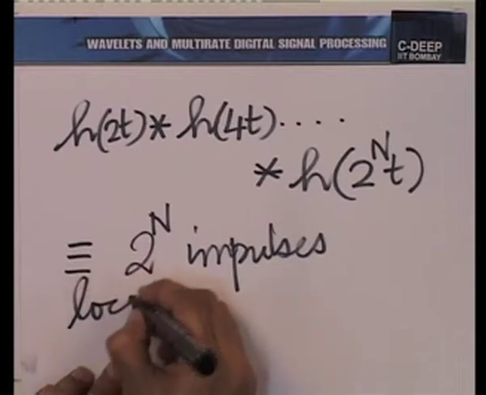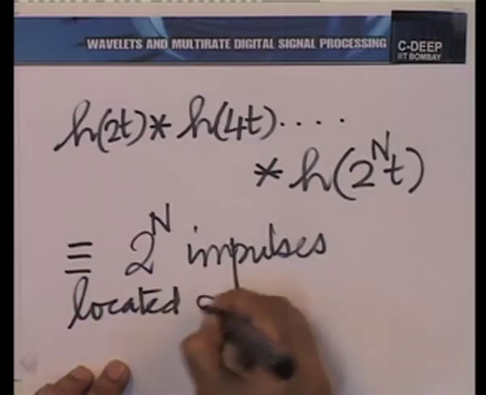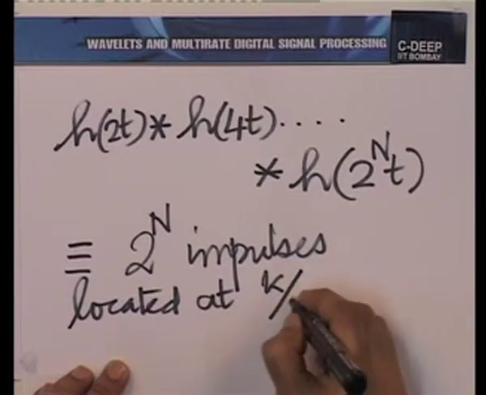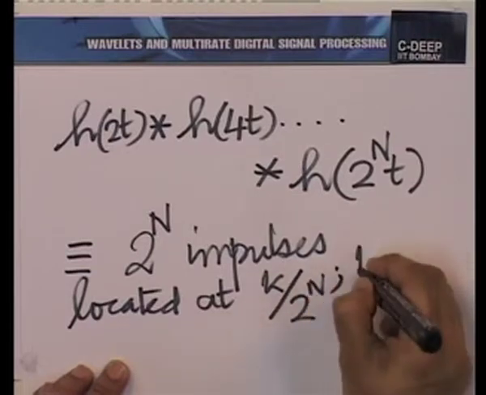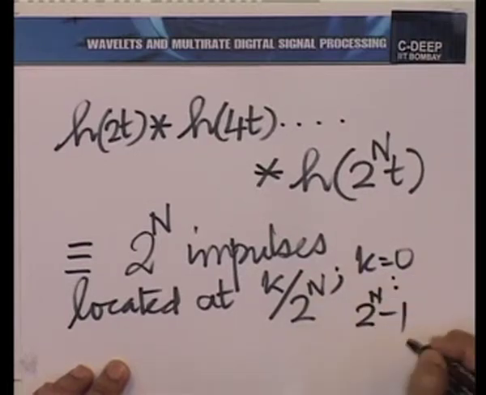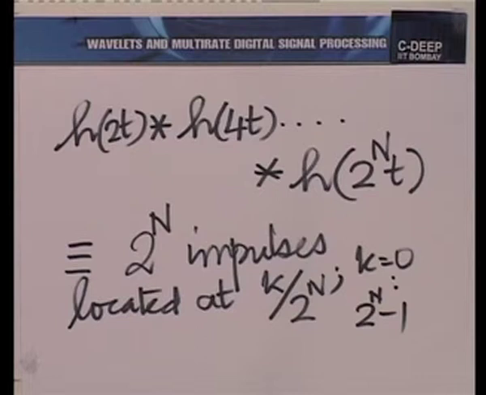located at k divided by 2 raised to the power of n, k going from 0 to 2 raised to the power n minus 1. So, the last impulse, as you can see, is located at (2 raised to the power of n minus 1) divided by 2 raised to the power of n.